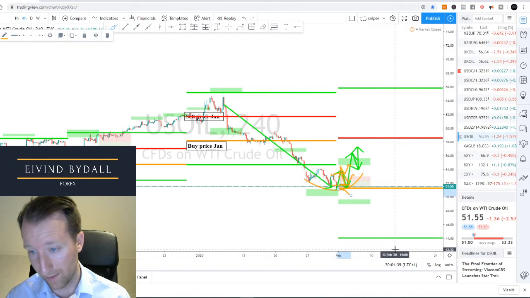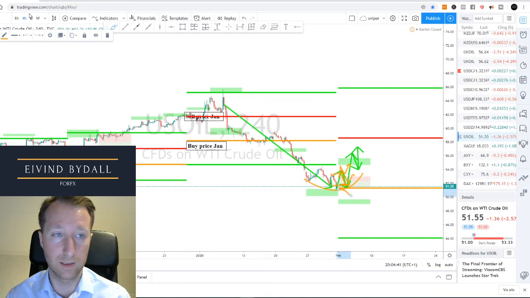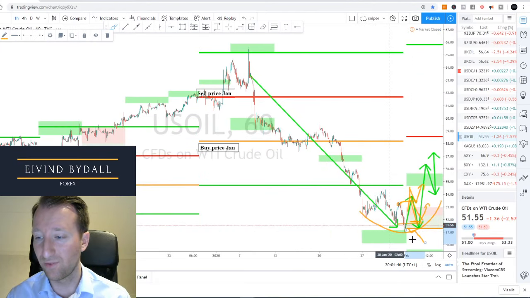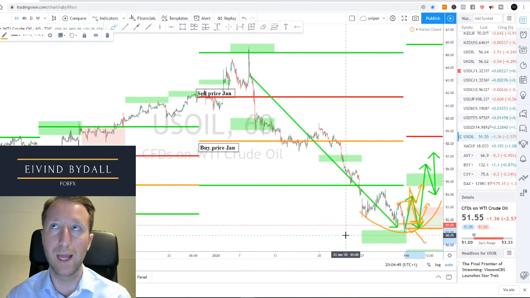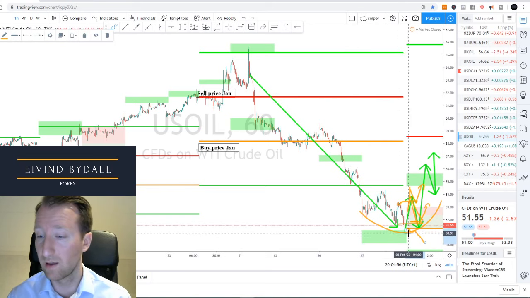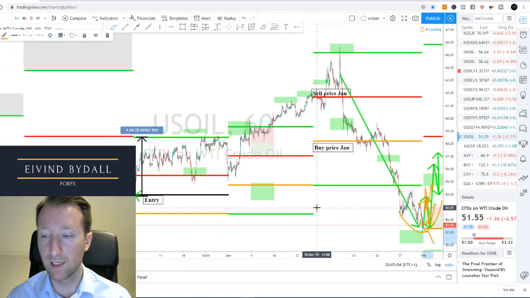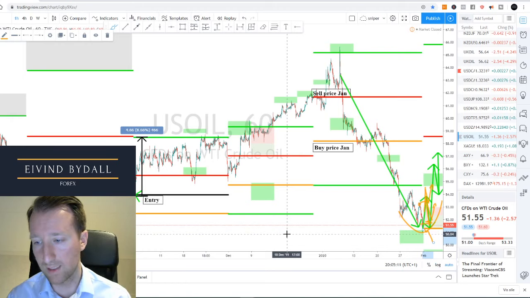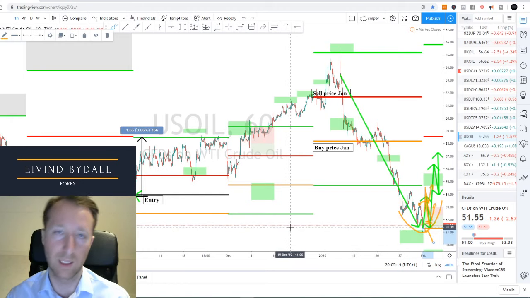Maybe it will make a pullback and then it can make it lower. But technically, fundamentally, a price back at 50 will make Saudi Arabia kick in because they don't want a low price. 50 is really a round price where things can start getting bullish again. So if this price goes down to 50, okay, I can see that, but I believe that we're kicking in this week.